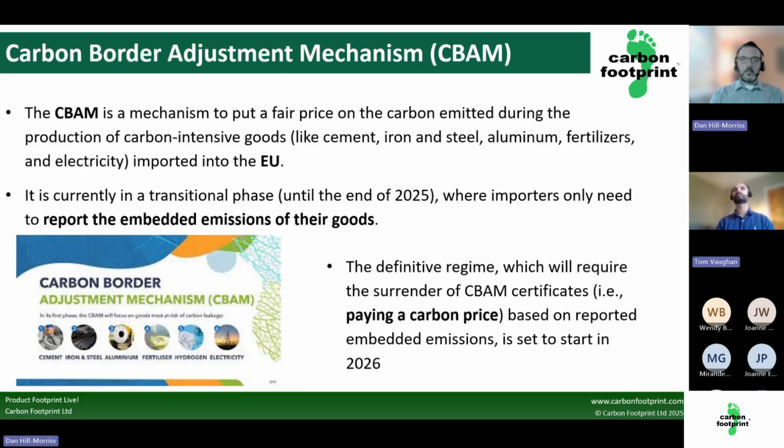They're starting with more carbon intensive goods, rolling out goods that use a lot of cement, iron, steel, aluminium, all these carbon intensive materials first. But so reporting on these, and then obviously in the future expanding that to eventually be reporting on everything. But again, your customers in the EU, or as Tom says, potentially even if you're exporting to the UK, the same sort of rules will apply.